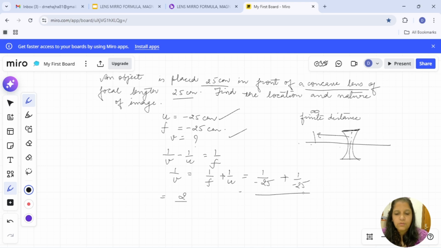That will be equal to 2 upon minus 25, which is equal to 1 by v. The value of v will be equal to minus 25 upon 2.